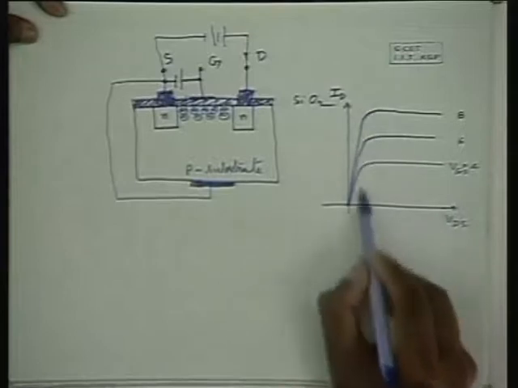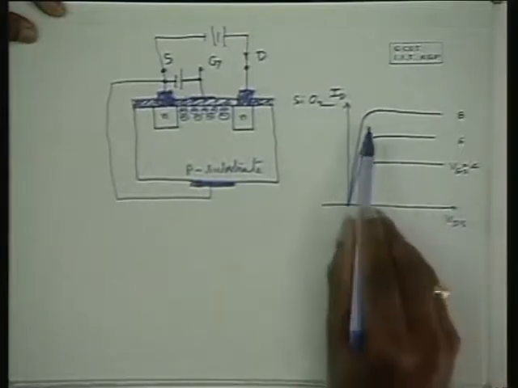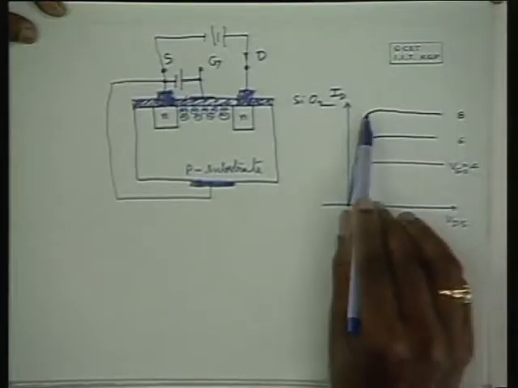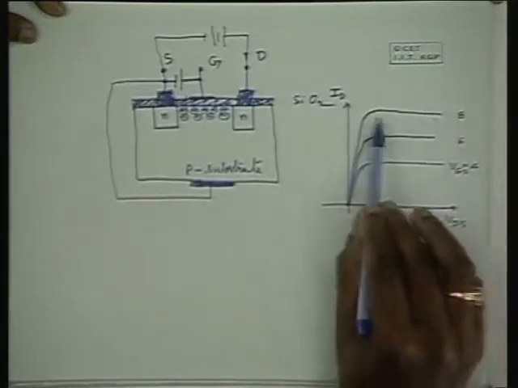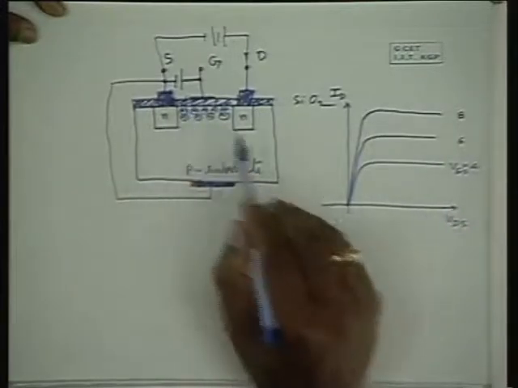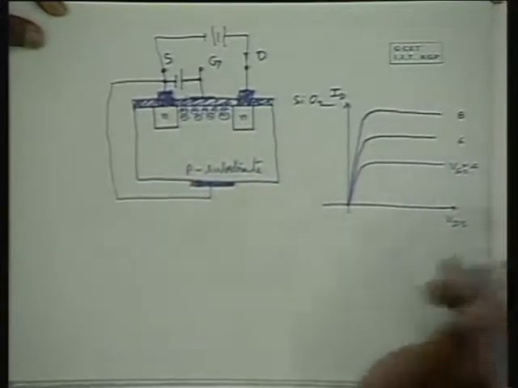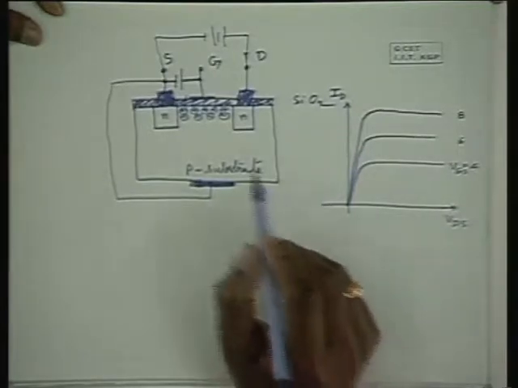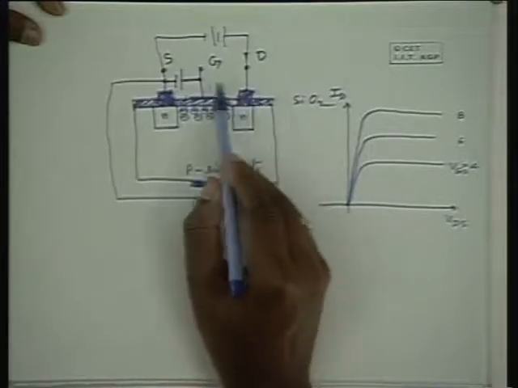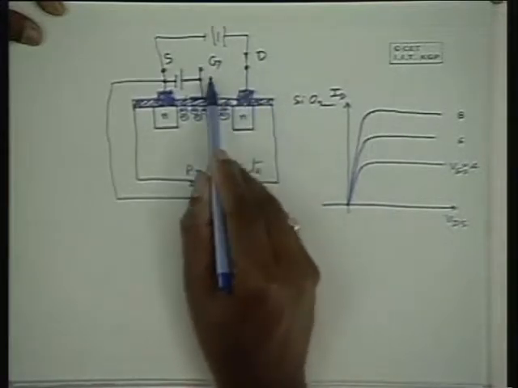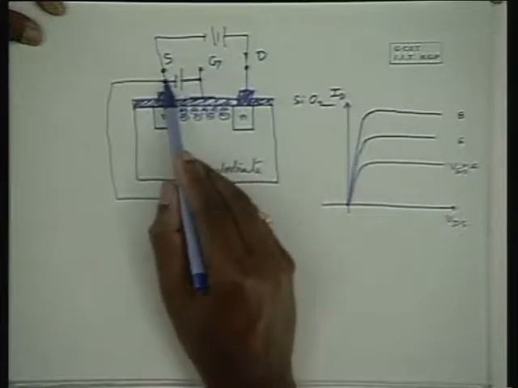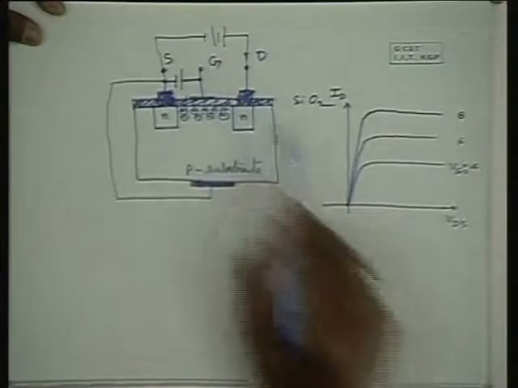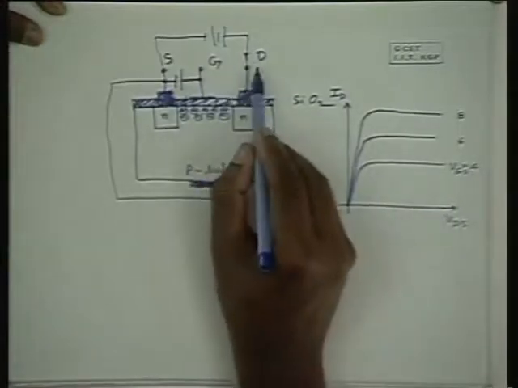And beyond a certain potential, this current attains a saturated level, like this. The current remains constant for the same reasons I have explained with depletion mode MOSFETs. Again, I repeat, because of the negative potential between the drain and gate, although the gate is positive with respect to source, with respect to drain it becomes negative with large drain potential.